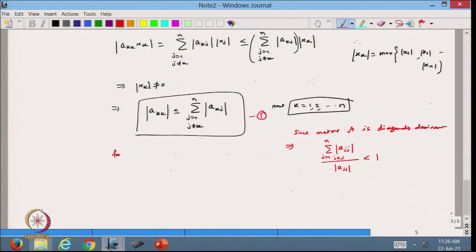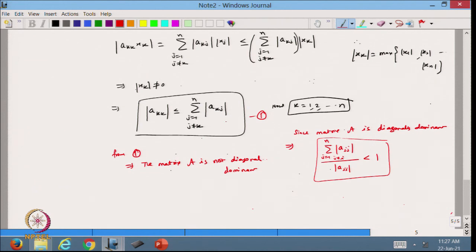So from 1, which implies that the matrix A is not diagonal dominant, because if it is diagonal dominant, then it has to satisfy this condition, because I can divide by this one and it will just be less than or equal to 1, okay, because I can take this side, but here it should be strictly less than 1.